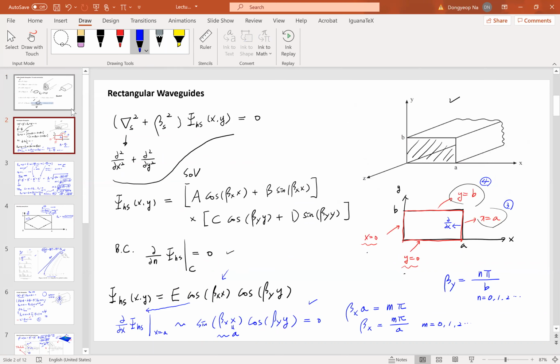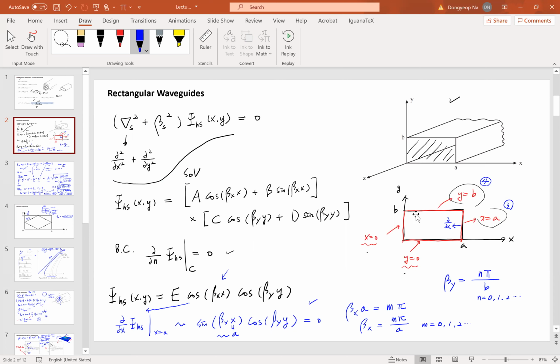So we have transformed this transverse Helmholtz equation into the explicit form in Cartesian coordinates to study the rectangular waveguide. And as well known, the general solution of this partial differential equation is the trigonometric function, a linear superposition of cosine and sine functions. By the boundary condition, this field should have the following unique solution: cosine and cosine for the TE mode.